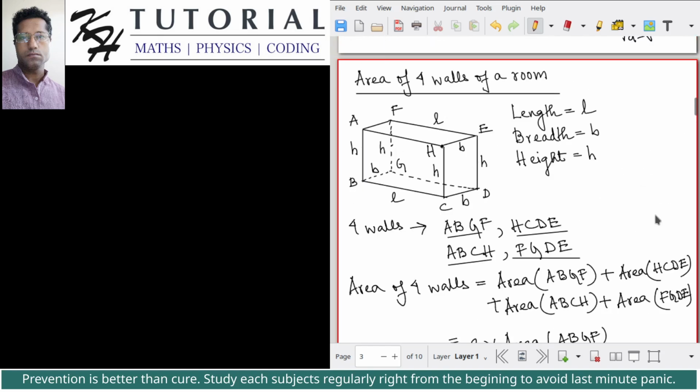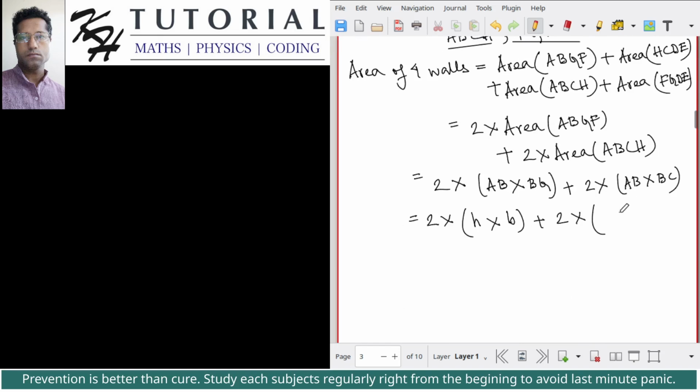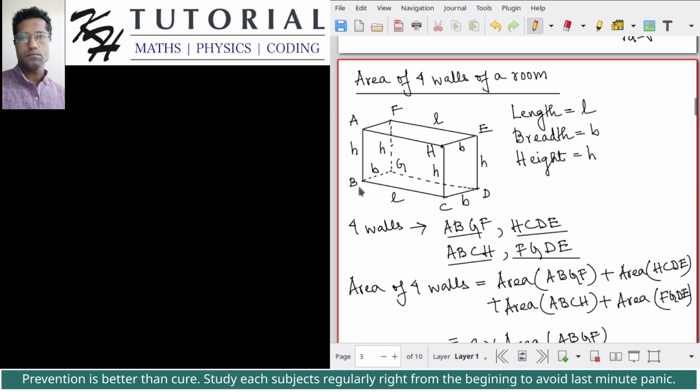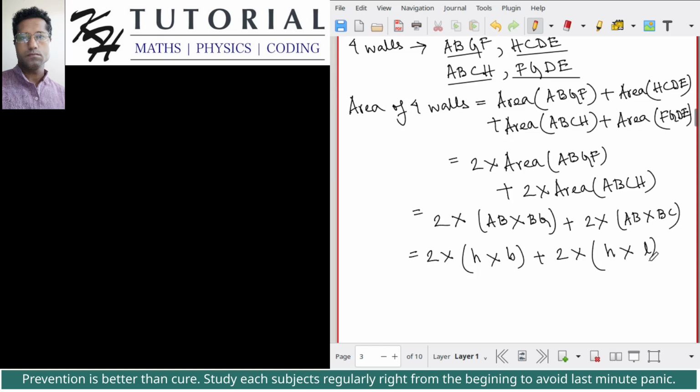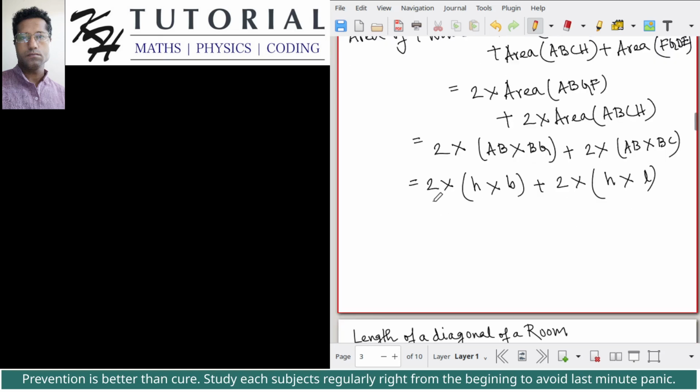AB is again h, and multiplied by what is BC? BC is the length of the room, that is l. So this becomes 2hb plus 2hl. I can take twice h as common, and then it will be b plus l.